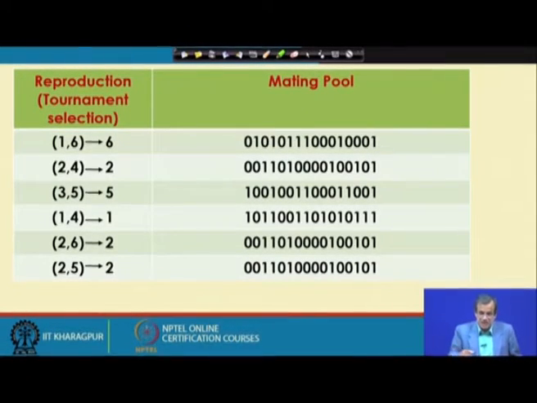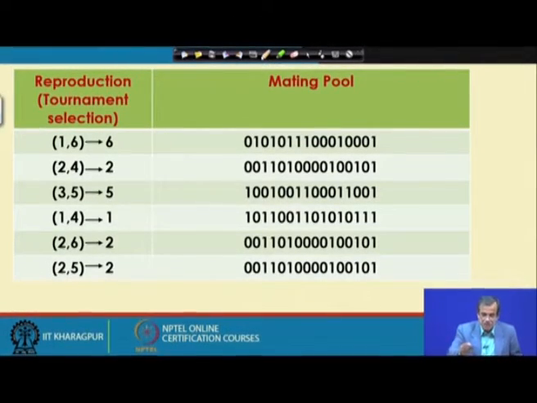Now, once you have got this particular mating pool, you will have to find out the mating pair. Now, how to find out the mating pair? To determine the mating pair, in one mating pair there will be only 2 GA strings.